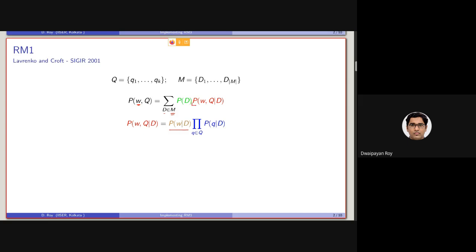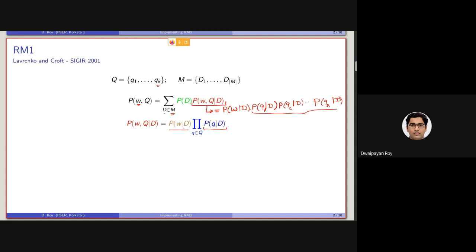Broadly, as we are considering a joint probability here, this is equal to the probability of W given D, into the probability of Q1 given D, into the probability of Q2 given D, and so on up to Qk, the probability of Qk given D. Now we can club this together as the joint probability of the generation of the individual query terms.